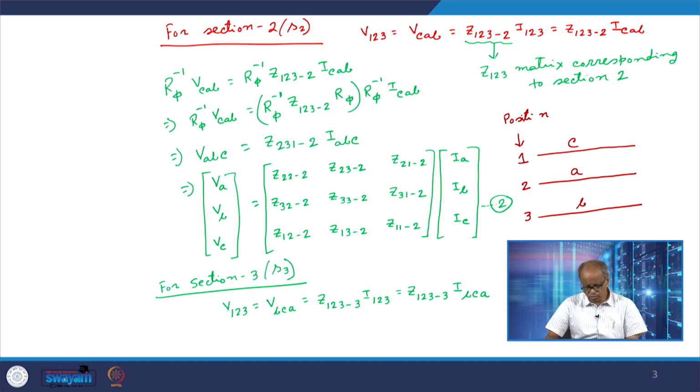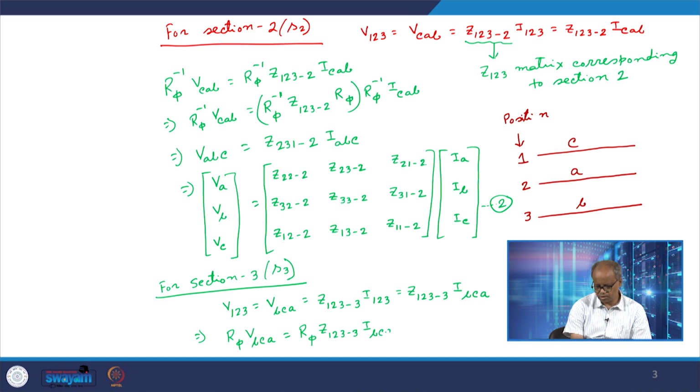Now what we do is pre-multiply it by R phi. When I pre-multiply by R phi, I get R phi into VBCA equal to R phi into Z1233 into IBCA.